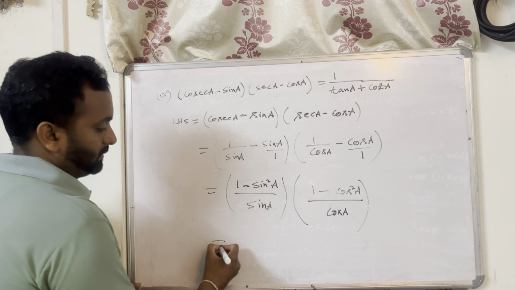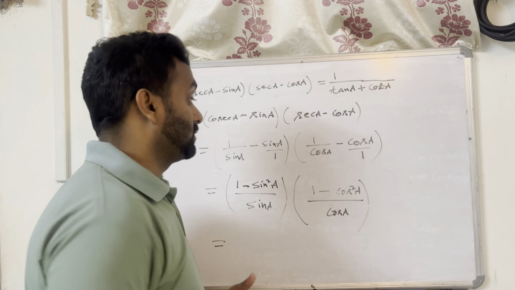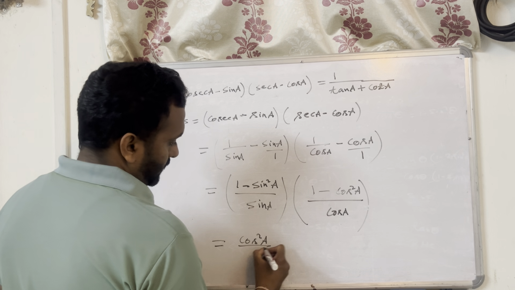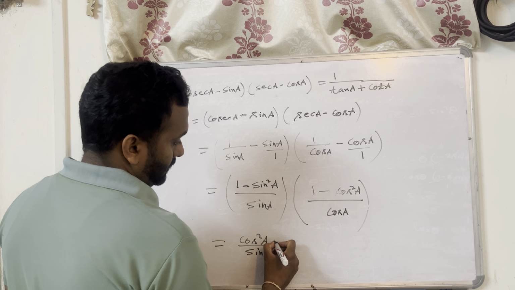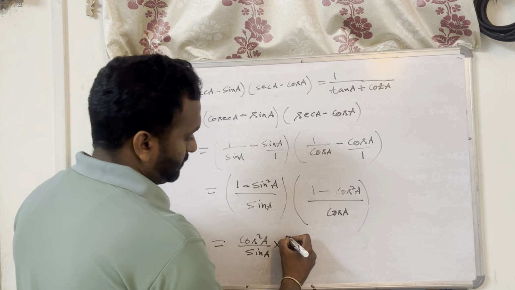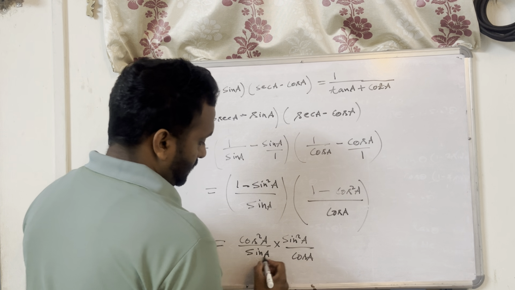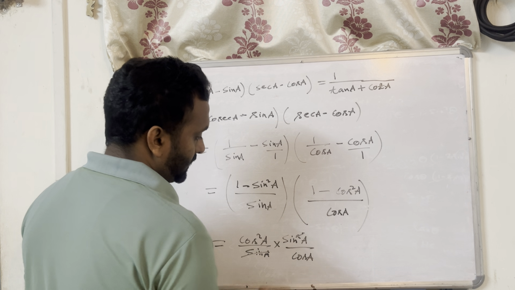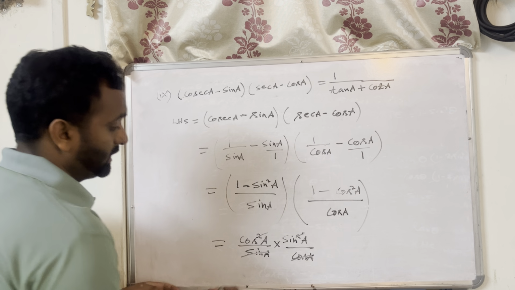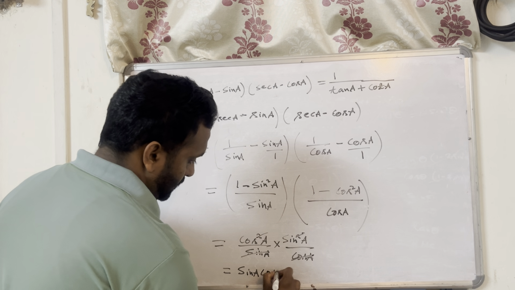Now tell me, how much is 1 minus sin square A? We know from identity 1 minus sin square A is cos square A divided by sin A, and here 1 minus cos square A will be how much? It will be sin square A divided by cos A. This sin A gets cancelled with one of the sin A, and this cos A got cancelled with one of the cos A, so we are left with sin A into cos A, yes or no?